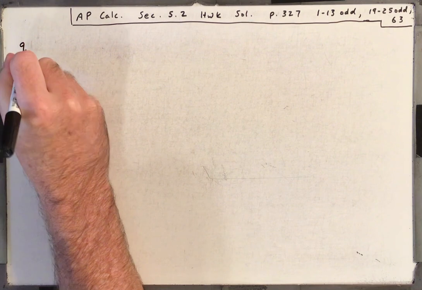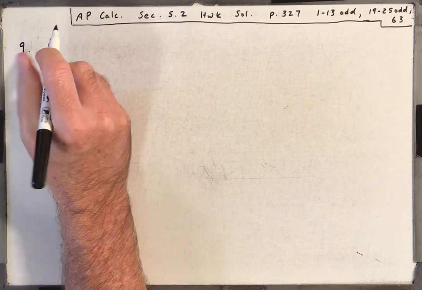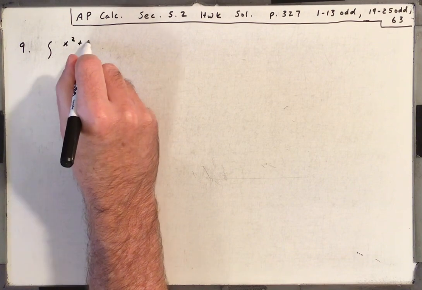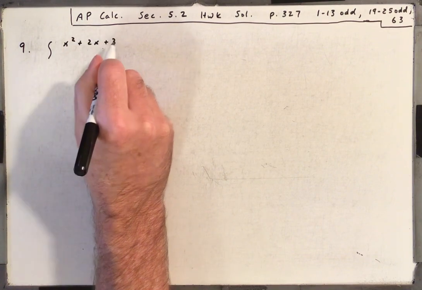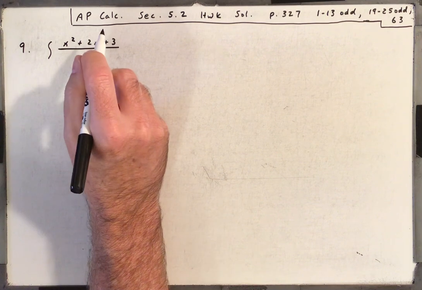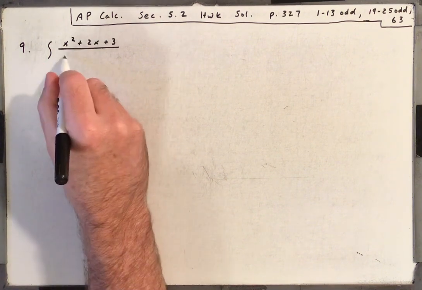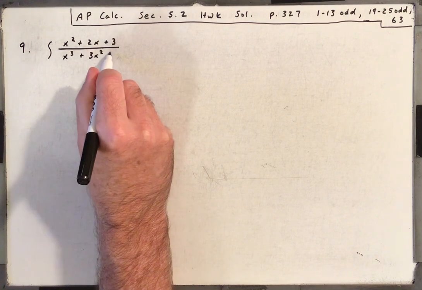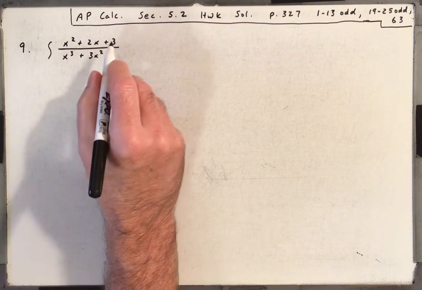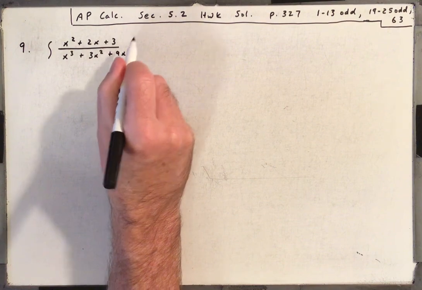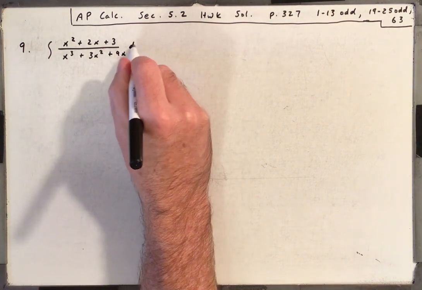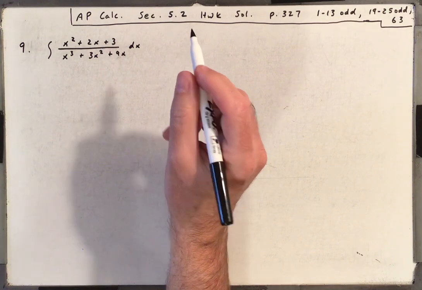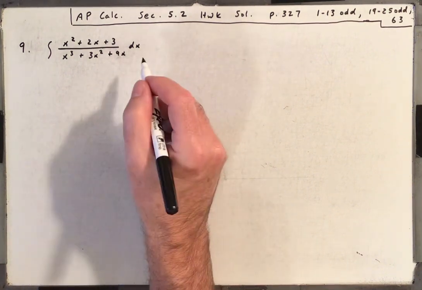Okay, number 9. So we're going to have x squared plus 2x plus 3 on top, and on bottom, x cubed plus 3x squared plus 9x. So you want to pick a u so that its derivative is just sitting out in the problem.